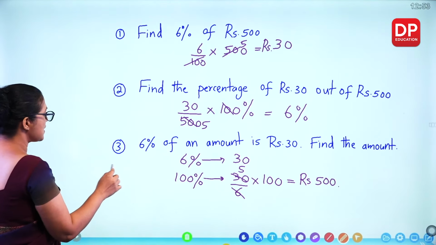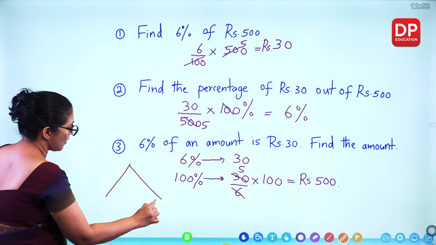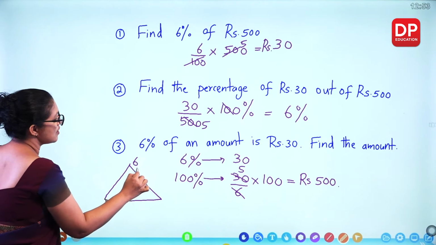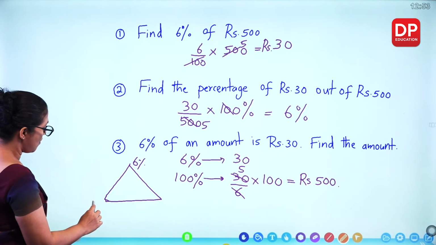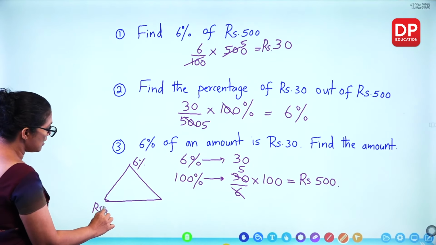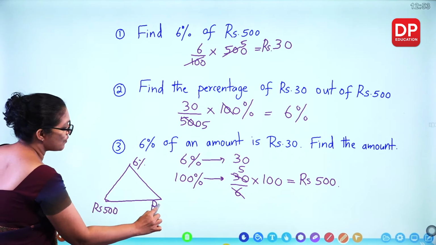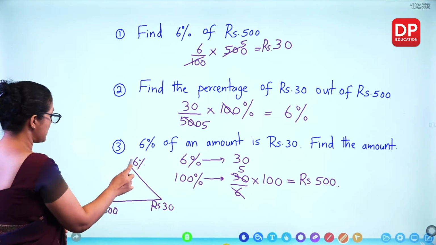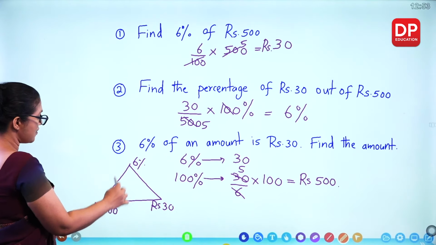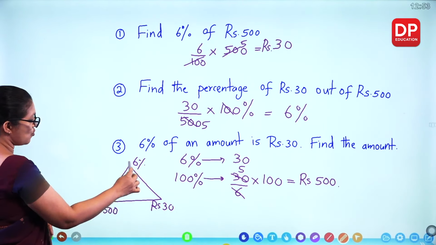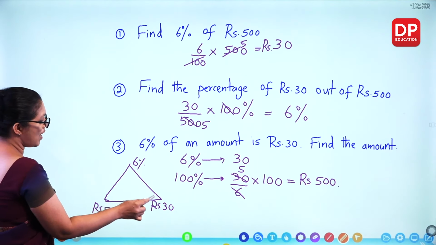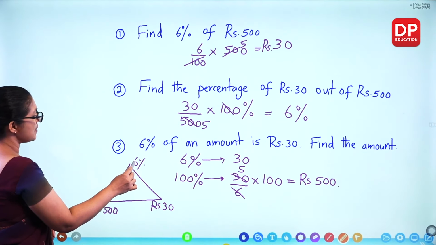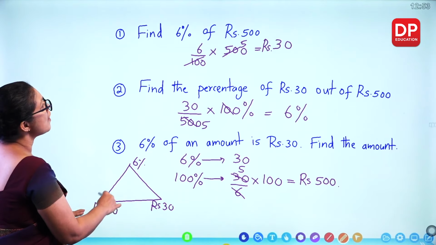So what are the types? When you draw the triangle like this, percentage is given and the total amount and the part of the value. So in the first question, 6% and 500 given. These two given and you are asked to find out this value. So here, 6% and 500 and you are asked to find out this part.